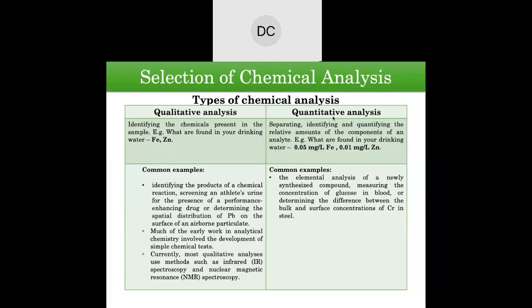For example, kalau kita extract anything from leaves, daun-daun apa kita extract, we want to know what the functional groups in the leaf extracts are. So, kita boleh tengok guna IR. The IR will give you information, ada tak C=O, ada tak OH group, ada tak C=N group, ataupun ada tak C=C group. Dia bagi tahu tu je, tapi dia tak akan quantify for you berapa banyak kita ada.